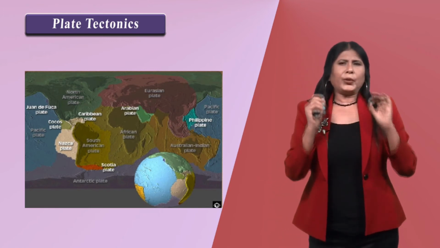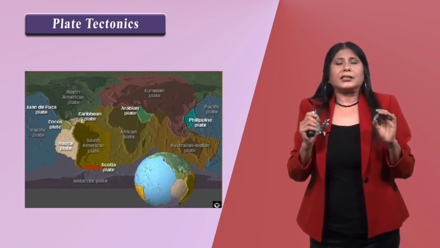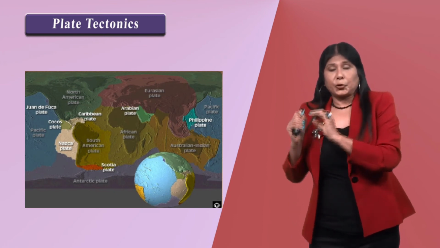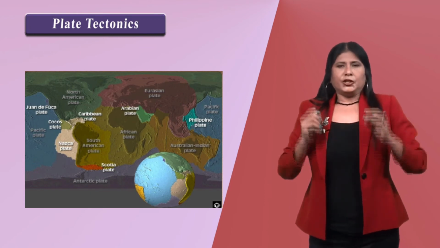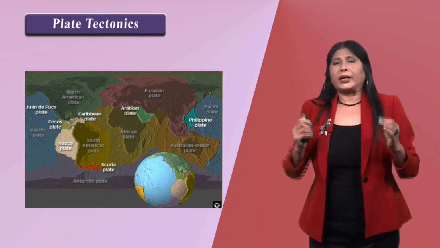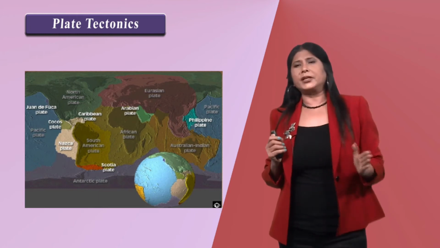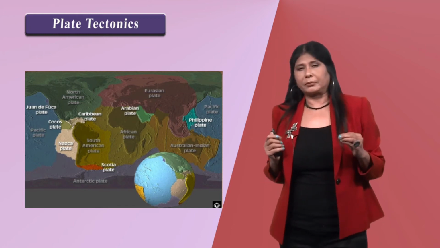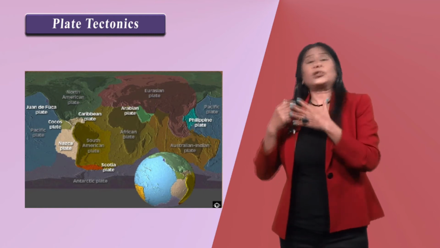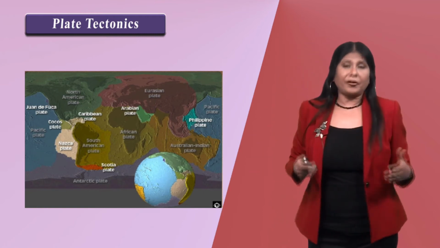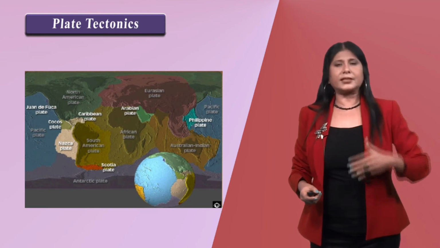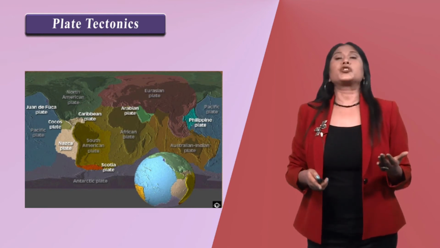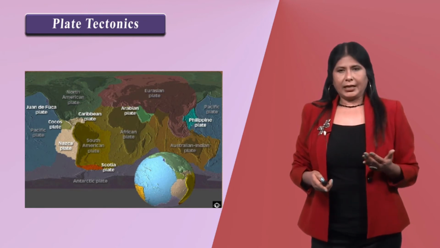The location where two plates meet is called the plate boundary, and plate boundaries are commonly associated with geological events such as earthquakes. So all the plate boundaries are the areas where severe earthquakes do happen. It also creates many topographic features such as mountains, volcanoes, mid-oceanic ridges, and oceanic trenches.